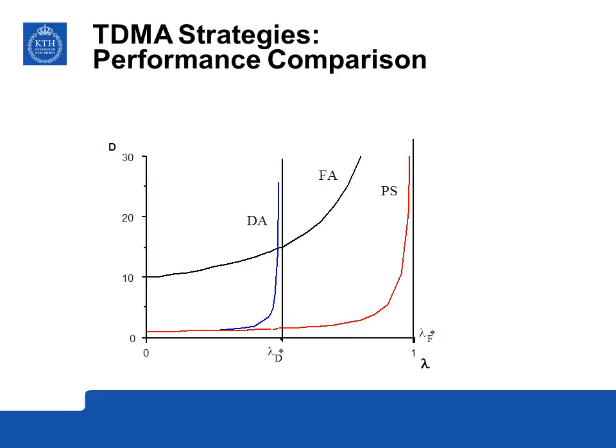The blue curve in the middle, dynamic assignment, shows similar behavior as the perfect scheduling. If we spend some resources to find out which transmitters have something to transmit, we get a very, very low delay when the system is lowly loaded.